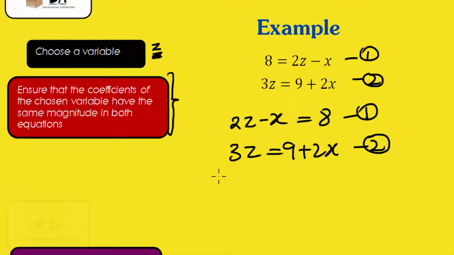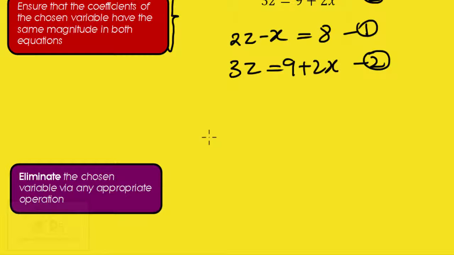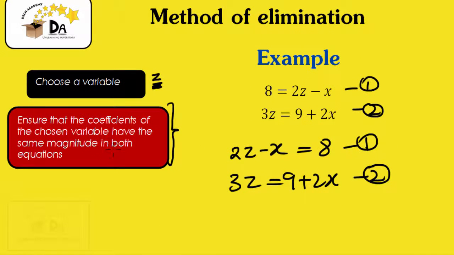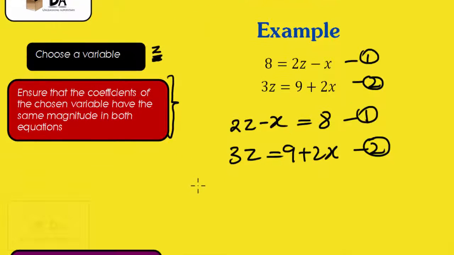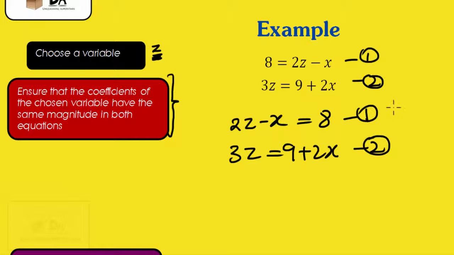So in order to eliminate z, which is what the third step requires us to do, we need to first ensure that the coefficient of z in both equations has the same magnitude. This can be achieved by multiplying equation 1 by the magnitude of z in the second equation, which is 3, and multiplying equation 2 through by the coefficient of z in the first equation.